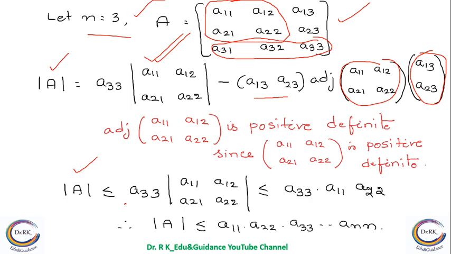That means, when it is a 3 by 3 matrix, det of A is less than or equal to A11 A22 A33. If we want, we can take n equal to 4 and do the same and prove it. Otherwise, with n equal to 2 and n equal to 3, we can generalize and say that the determinant of a matrix A is less than or equal to A11 A22 A33, and so on, Ann.